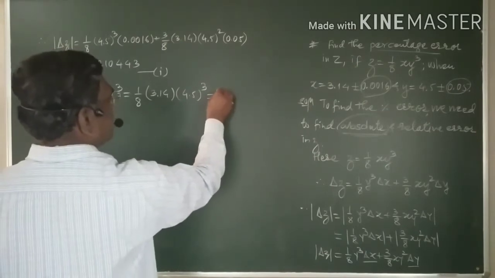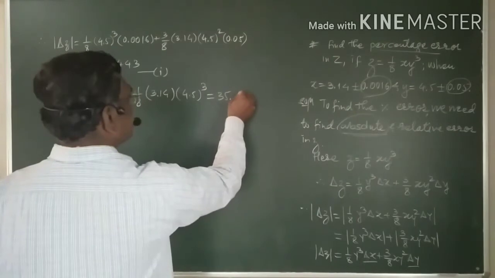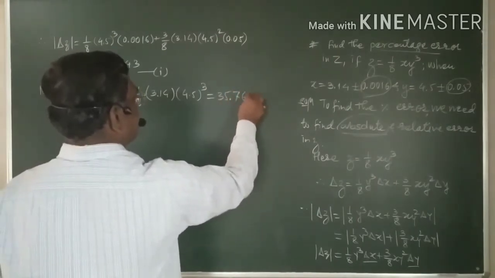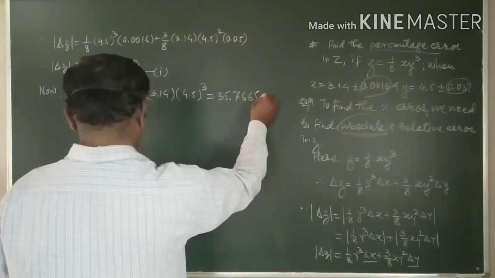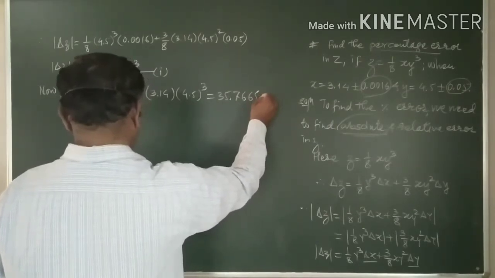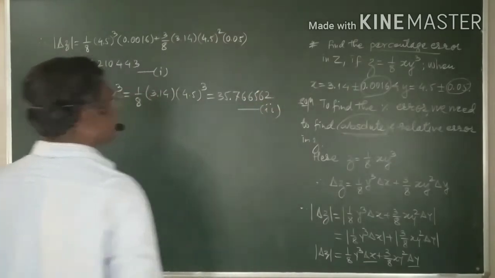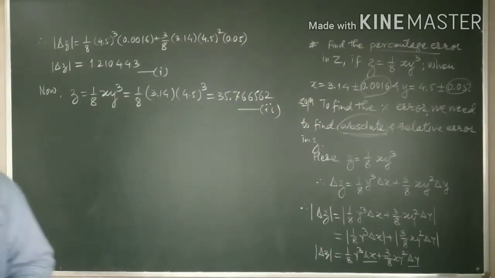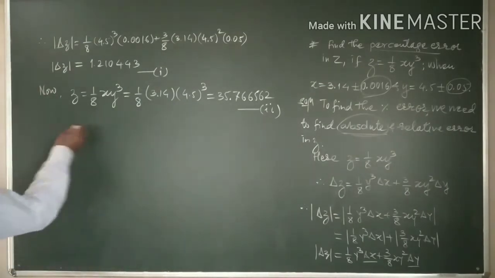If you calculate it, you will get 35.7665, 766.562, and let me call this as 2. Well, these two values we are having.